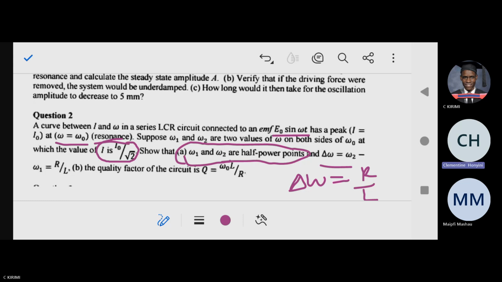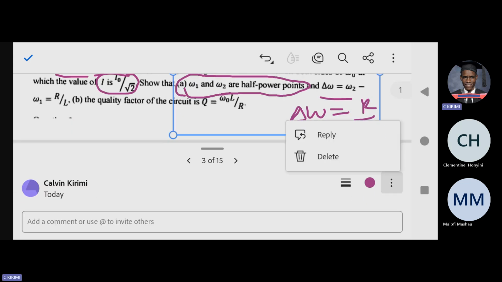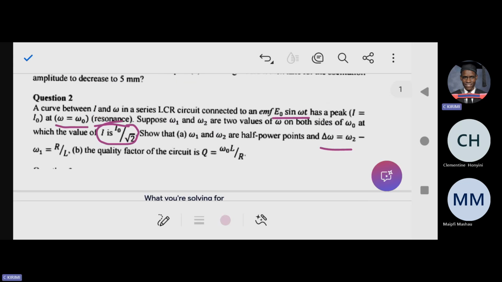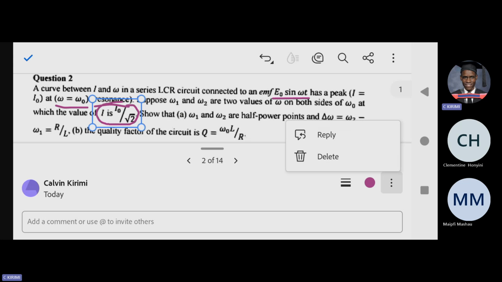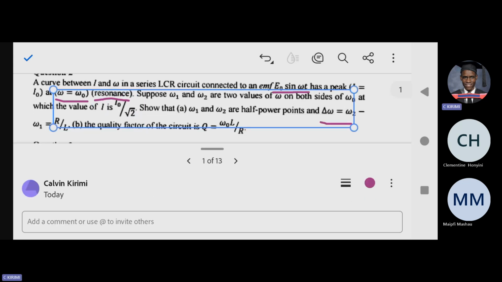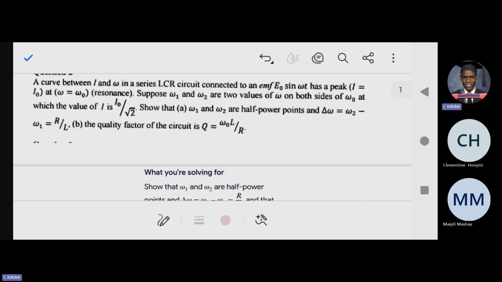Can you see that I naught over root of 2? Yeah, that is our I naught over root of 2. That's what we are going to be using there. So first we are going to start by calculating the half power points. Then the next step we calculate the other ones which we have to deal with. So let's calculate the half power points.